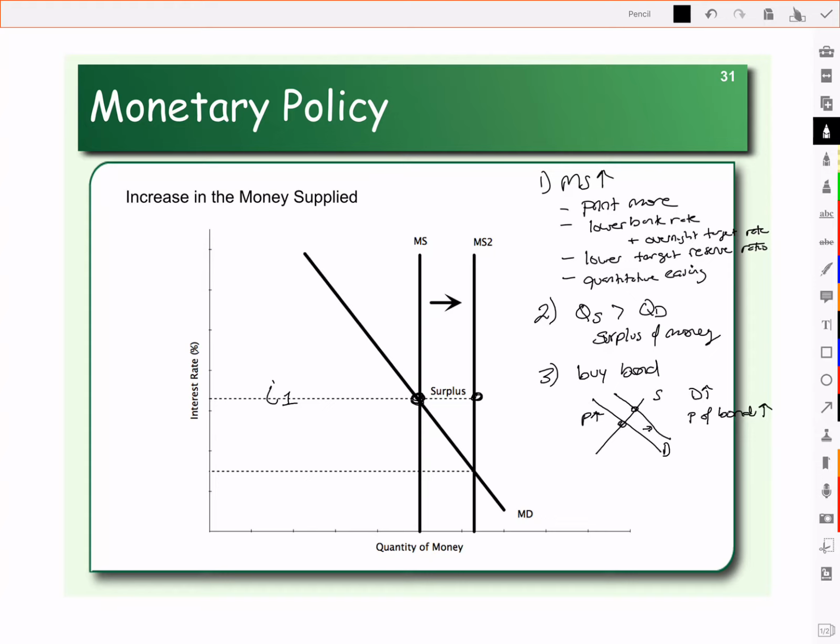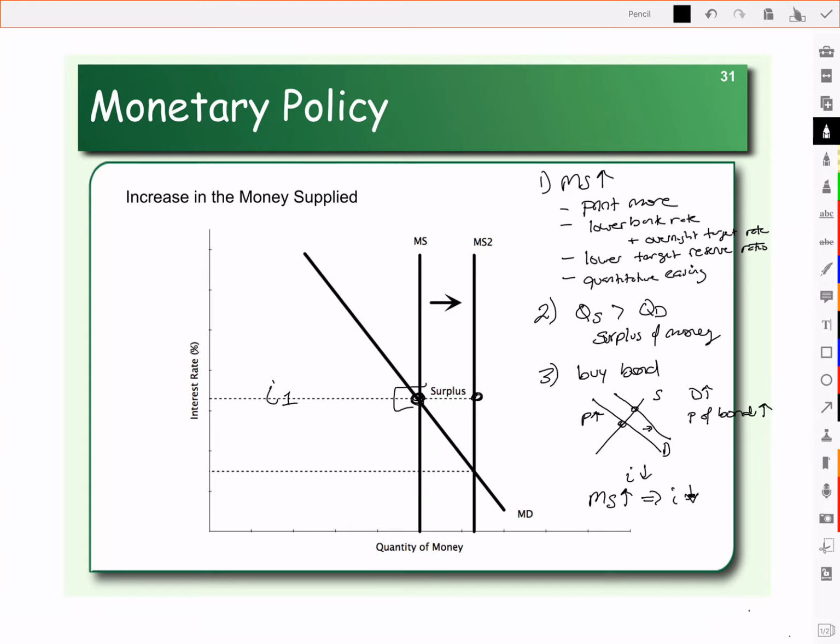And we know that since bonds have a fixed value at maturity, if the price of bonds go up, then the rate of return on those investments, like bonds, will do what? They'll go down. And so what happens is when the money supply increases, interest rates go down.